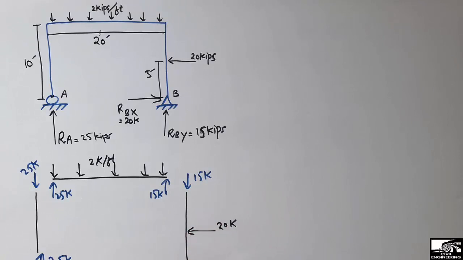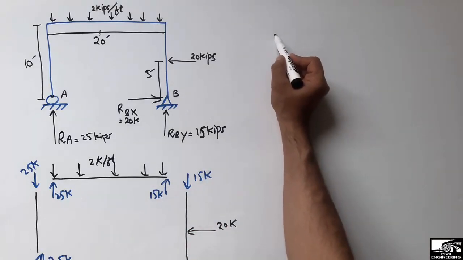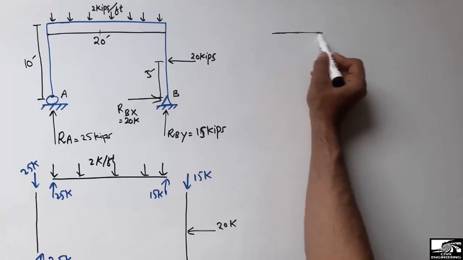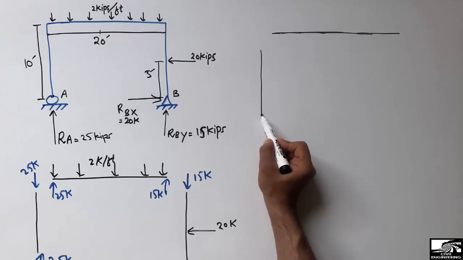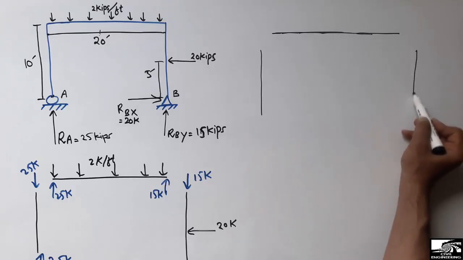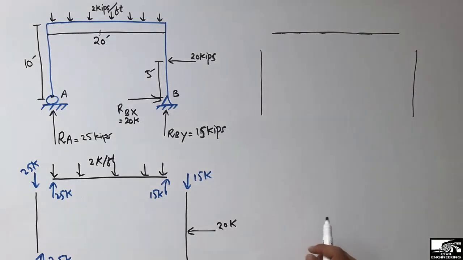Now I am going to draw the shear force diagram. To draw the shear force diagram, I draw the reference line, that is, I draw the free body diagram again for the shear force. Now these are the two columns, and this is the beam. As we know, I remain with this one, and this is 20 kips, so the resistance will also be 20 kips.